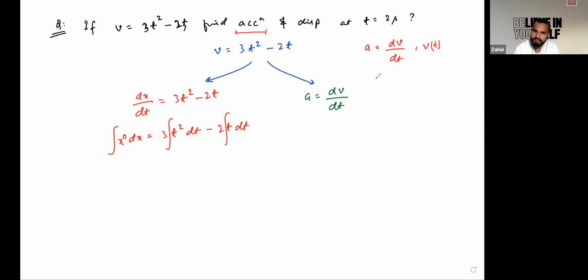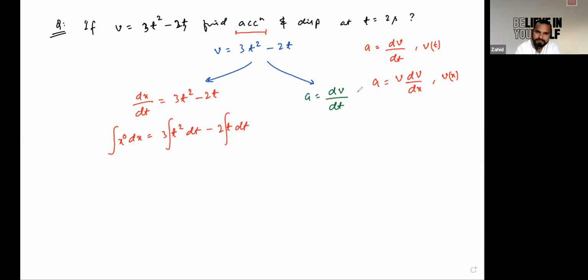And there is one more relation: if velocity is an x dependent function, acceleration would be equal to v dv by dx. Now in this problem we have velocity as a t dependent function, so you have to differentiate it with respect to time to get acceleration.